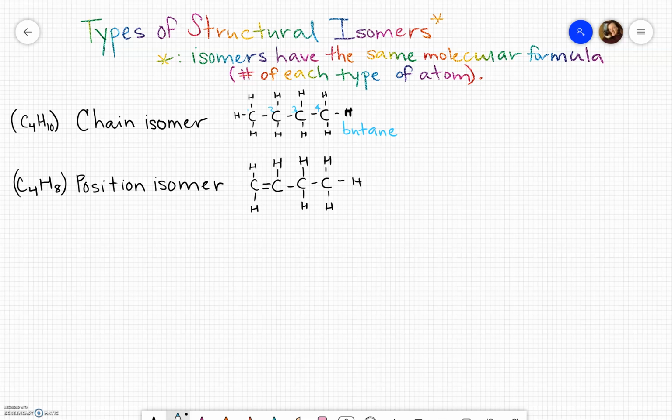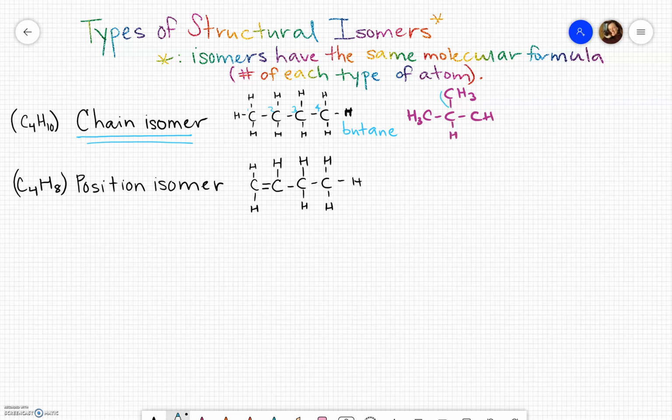But I can rearrange things and have different groups coming off of that main chain, so a different arrangement of the molecule structure. And I would have 1, 2, 3 with a CH3 up here instead. I'm going to do this semi-condensed to save us a little bit of time.